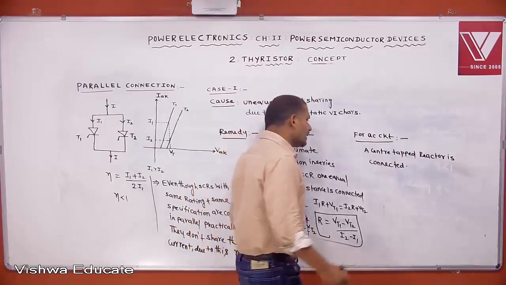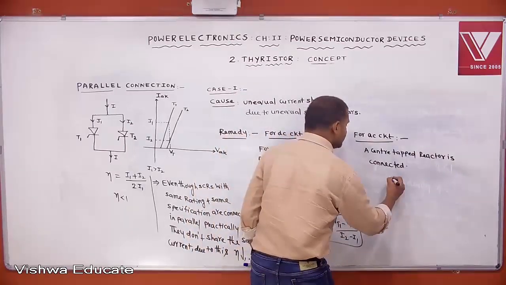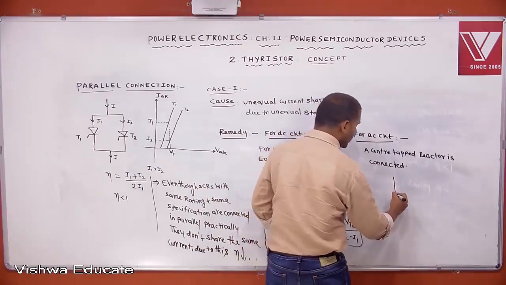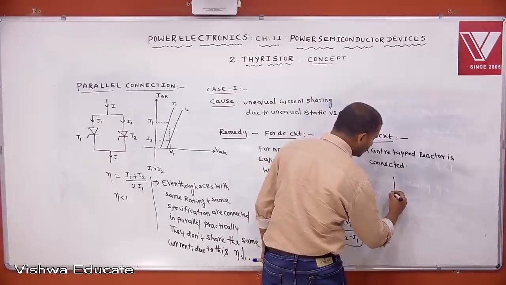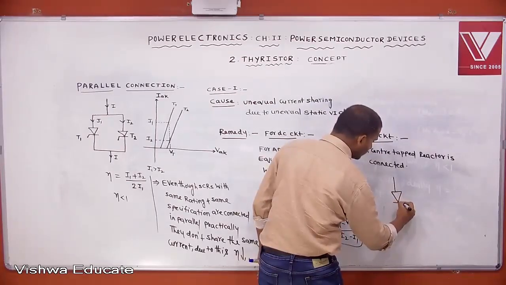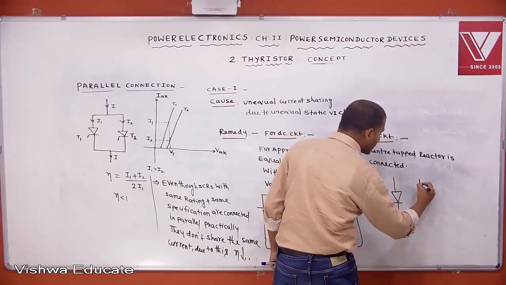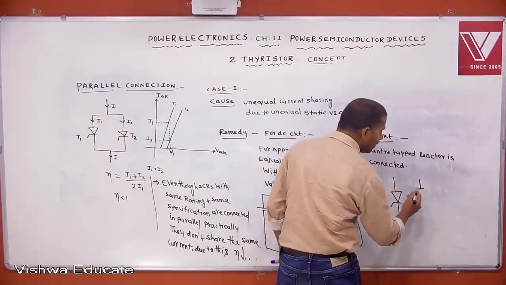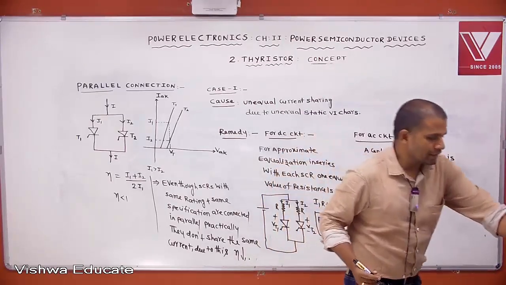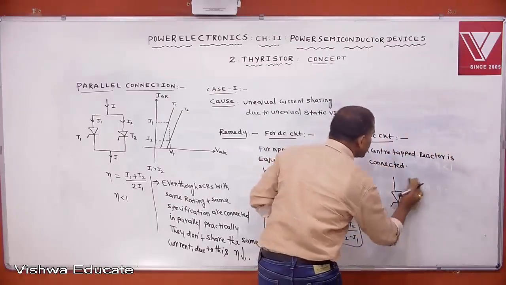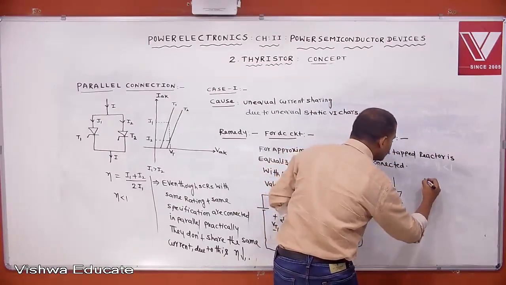Then how to connect the center tap reactor is like this. Let two thyristors be connected with the center tapped arrangement.